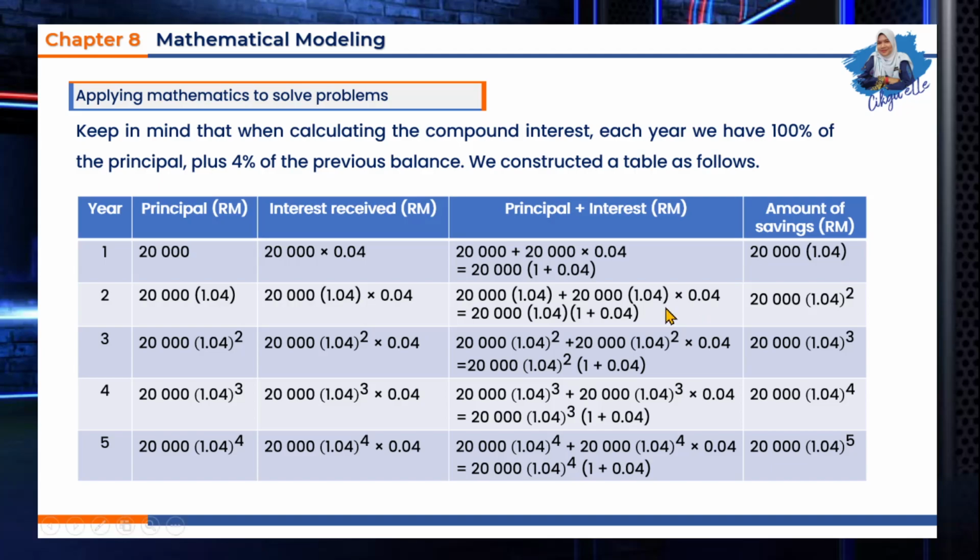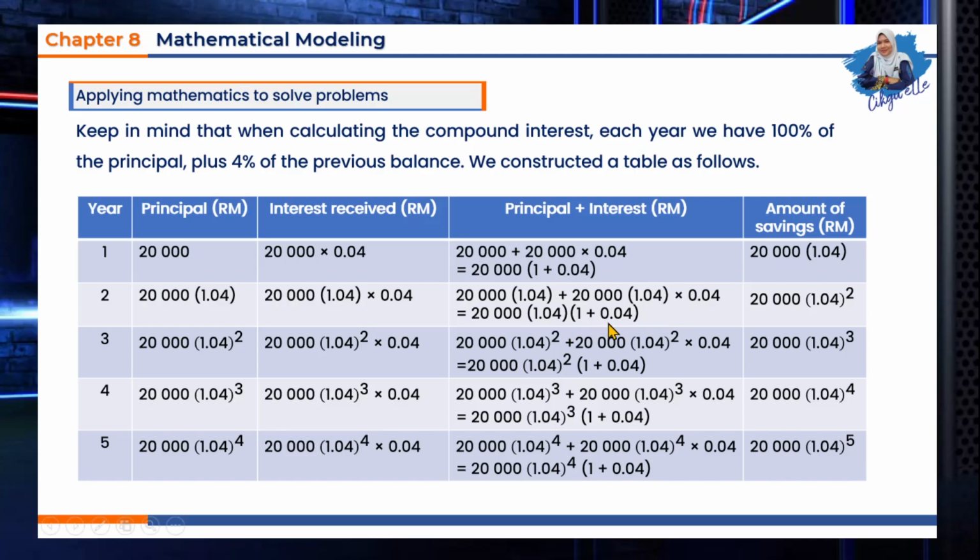Then we simplify. We factorize these two values, 20,000 times 1.04, in brackets 1 plus 0.04. So the total saving for the second year is 1.04 times 1.04, which is 1.04 squared.